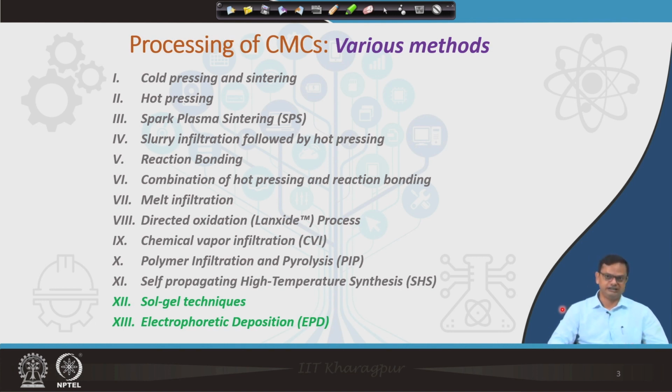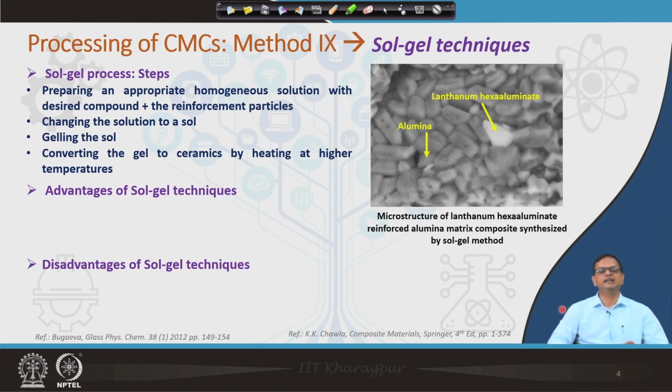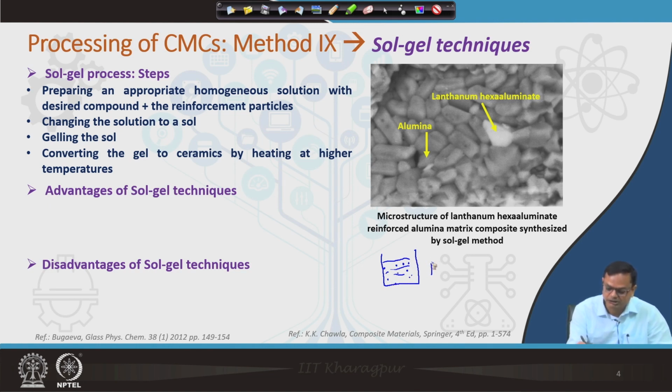I have talked already about the sol gel technique. Let us see how it can be used here to make CMC. In the sol gel technique, there is a solution, and in that solution there are fine particles making an emulsion, or a colloidal solution.